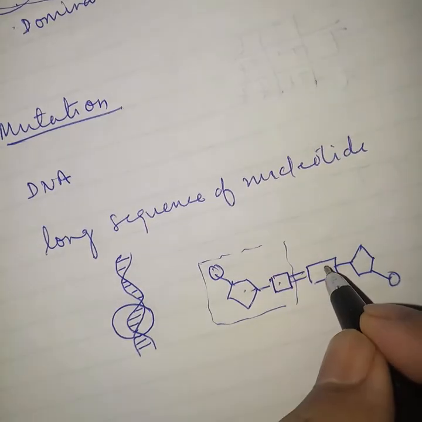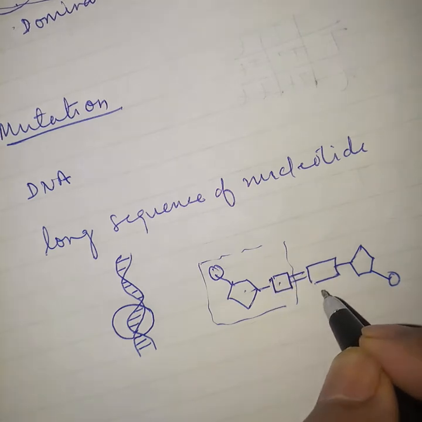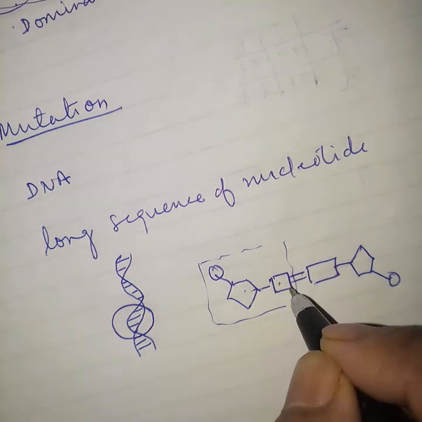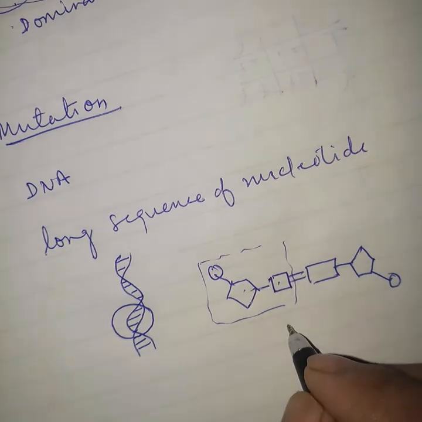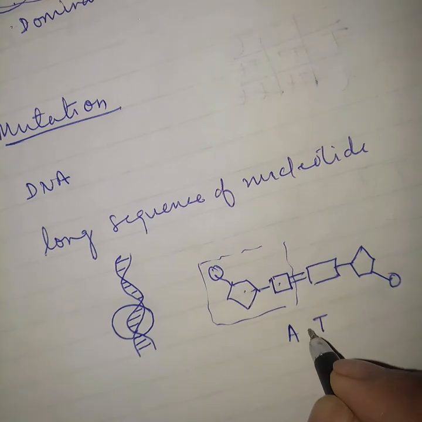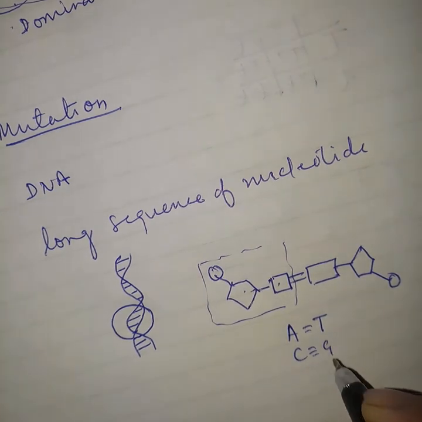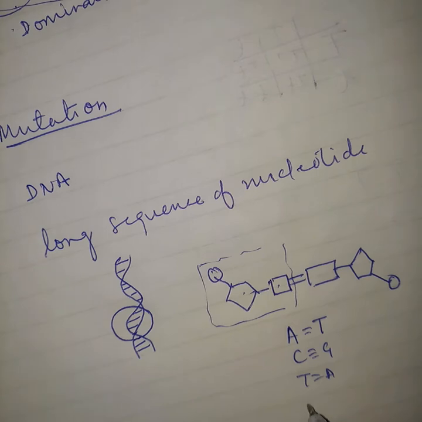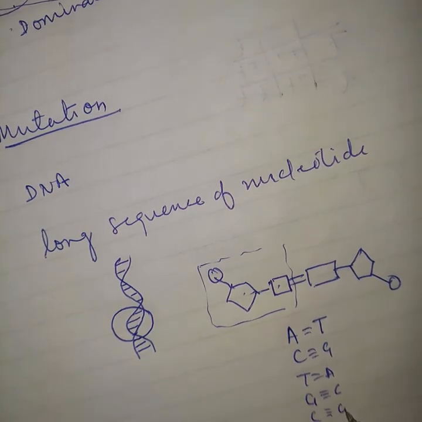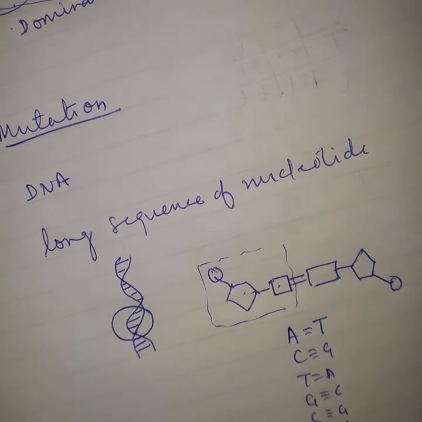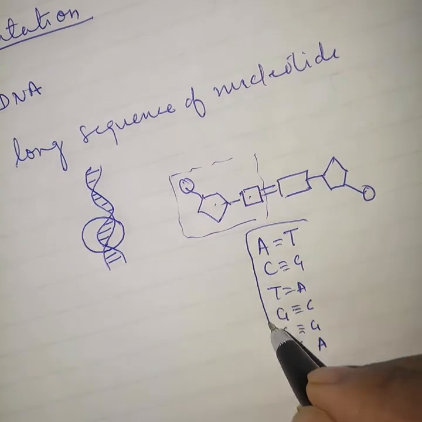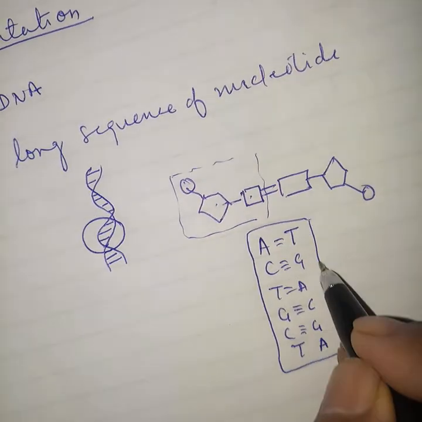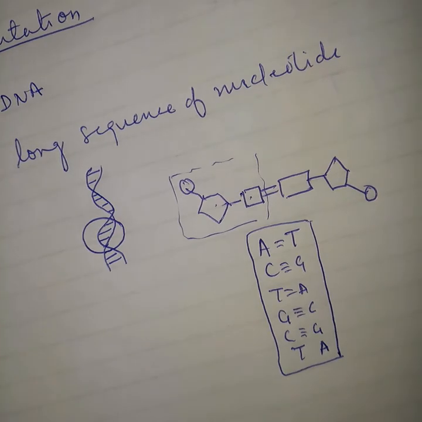Here the bases project on the inner side. These bases form base pairing, and the base pairs are like adenine-thymine, cytosine-guanine, thymine-adenine, guanine-cytosine, cytosine-guanine, thymine-adenine. So this is called a particular sequence of bases in a DNA.